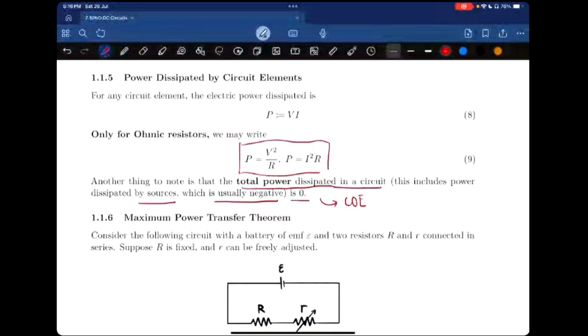So what is happening here is quite simple actually. You just want to find the power in the small resistor as a function of small r, and you differentiate and set it equal to 0. Interestingly, you realize that the max power occurs when the load resistance equals the resistance of the circuit. So small r equals big R. And this is what we call the maximum power transfer theorem.